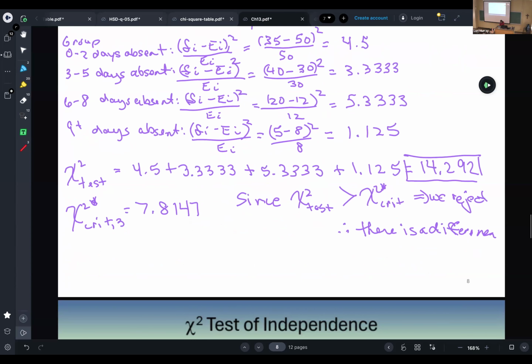And I'm going to say it this way: there's a statistical difference between the two distributions, the faculty perception versus the observed distribution.